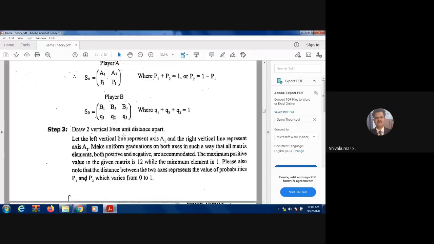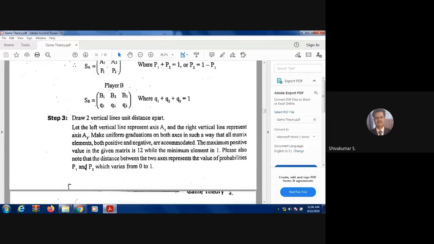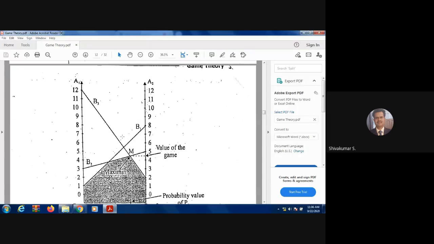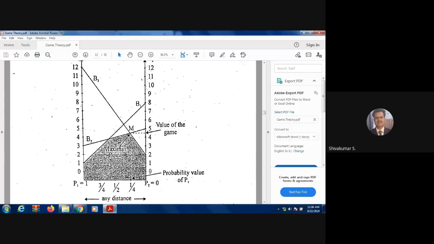The text is not given anything; directly they have drawn the graph. See, these people have not solved using our method of calculating oddments.